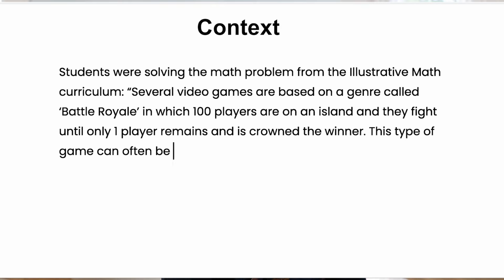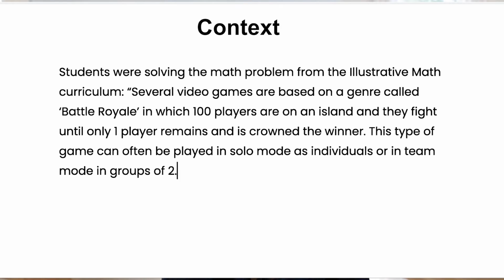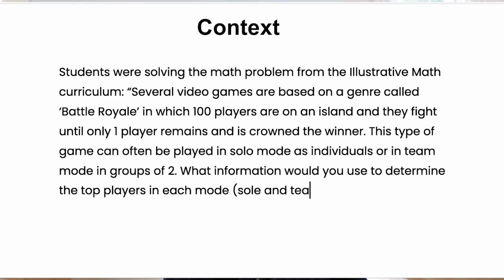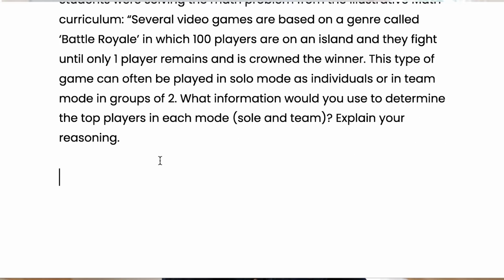This type of game can often be played in solo mode as individuals or in team mode in groups of 2. Which information would you use to determine the top players in each mode, solo and team? Explain your reasoning. So you see in that I gave some context of why the teacher was circulating the classroom. I explained what problem the students were working on.